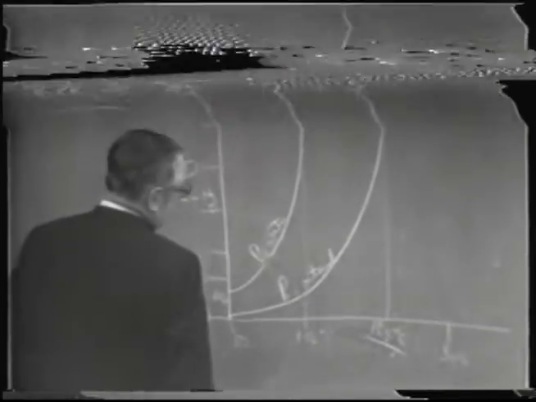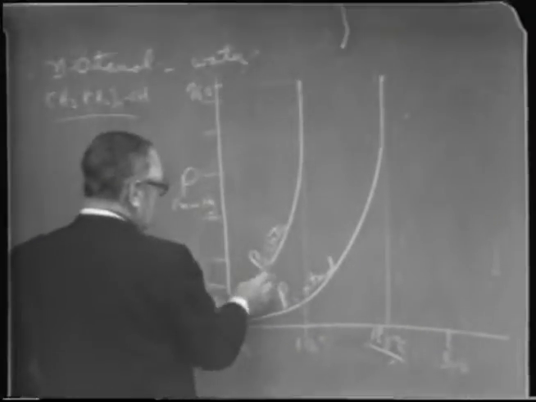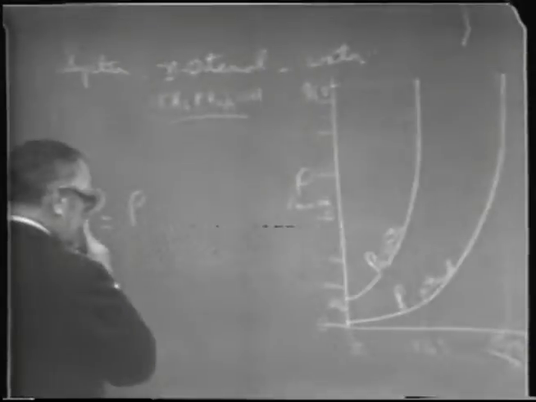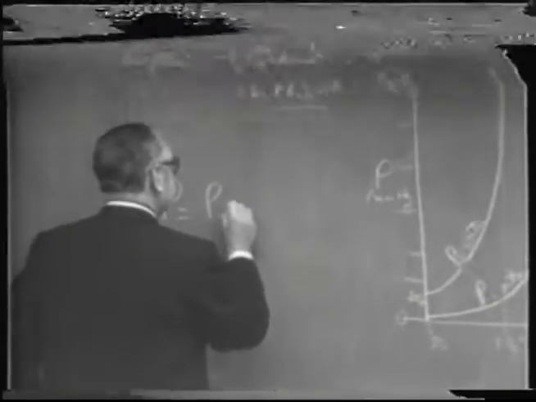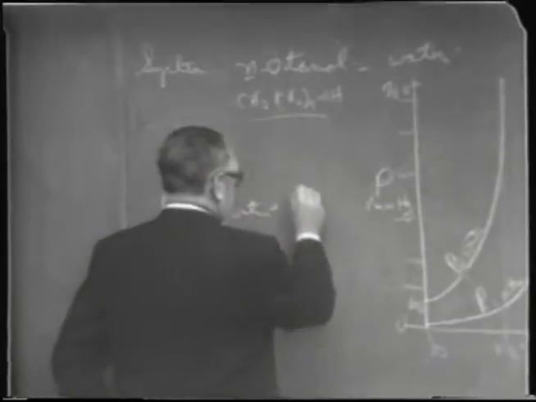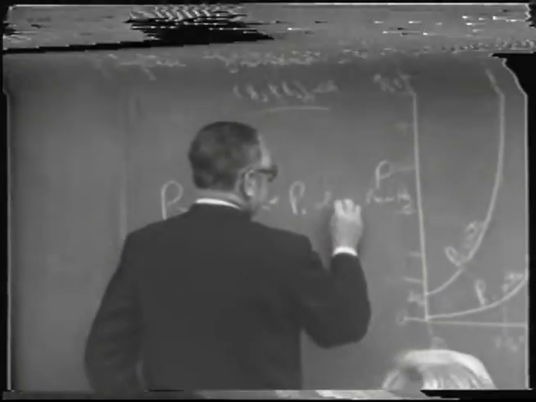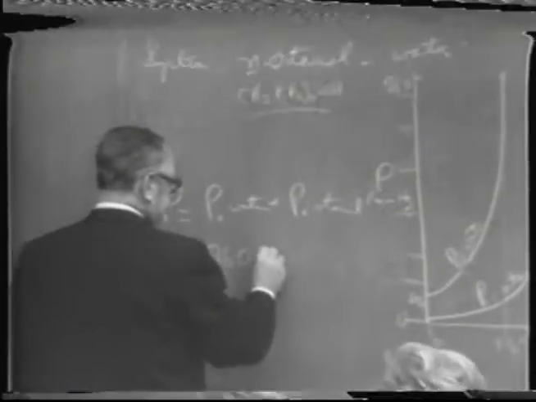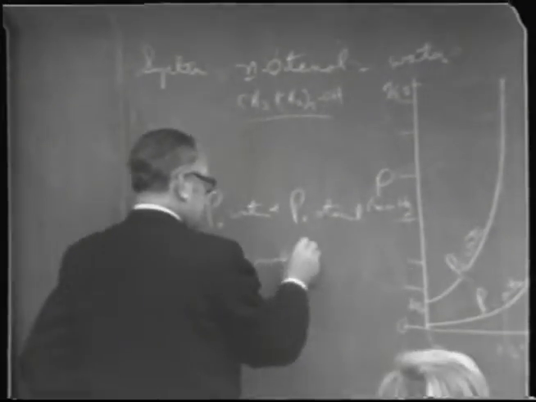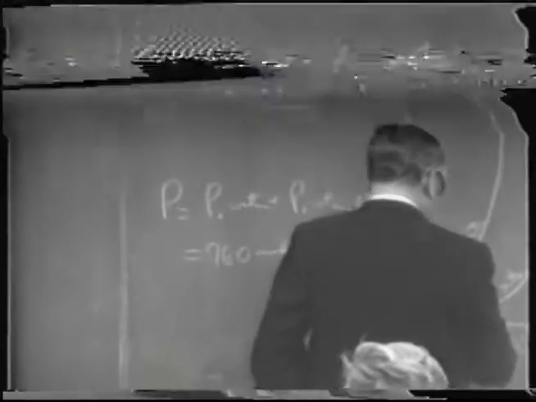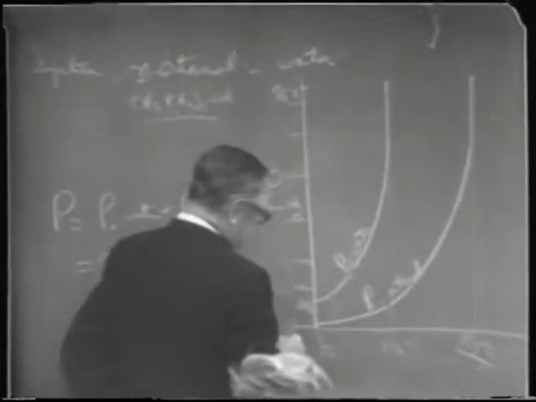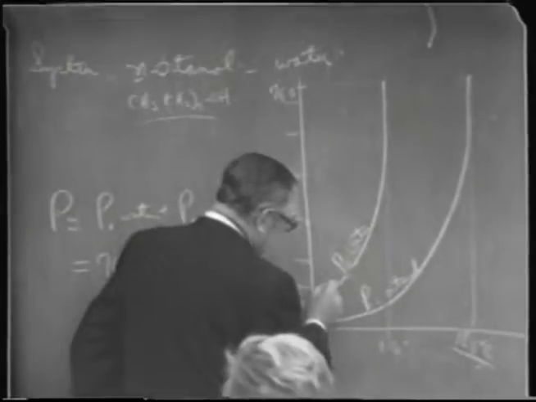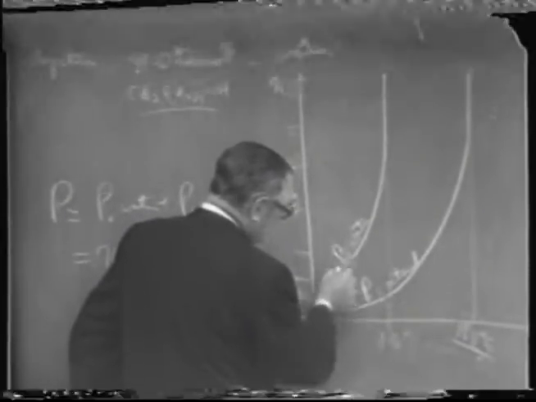So in order to find the pressure at which the sum equals whatever desired pressure you want, the pressure of water plus the pressure of octanol, let's say equal 1 atmosphere, 760 millimeters of mercury, we add the two together and plot the total pressures. Graphically, you can do that. You add this distance to this distance, and you get this curve superimposed on top of this one.